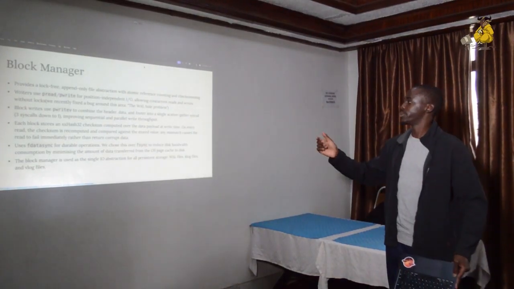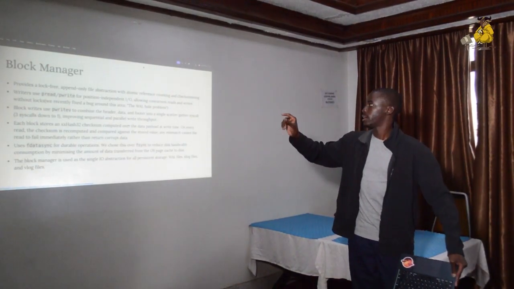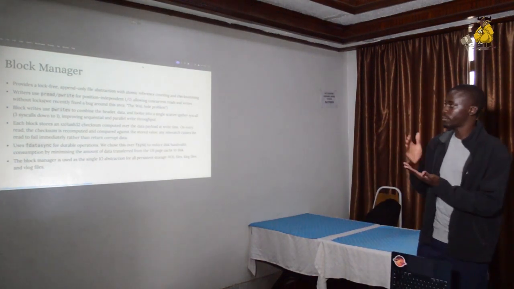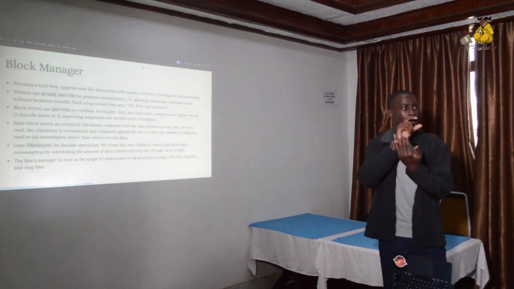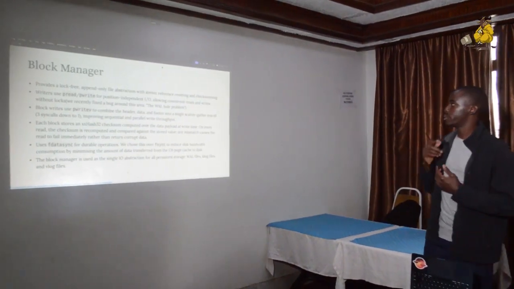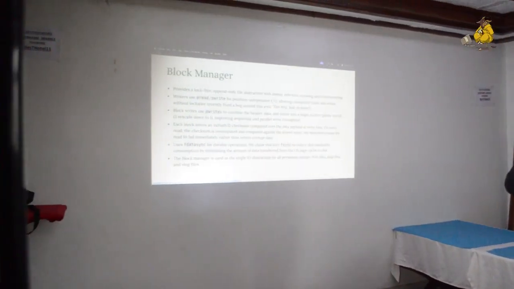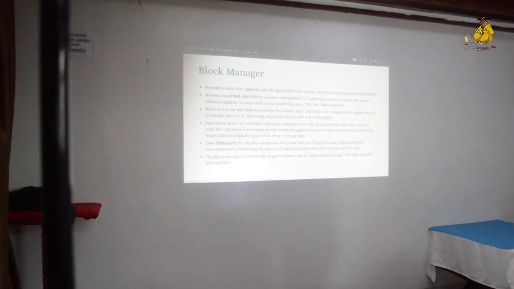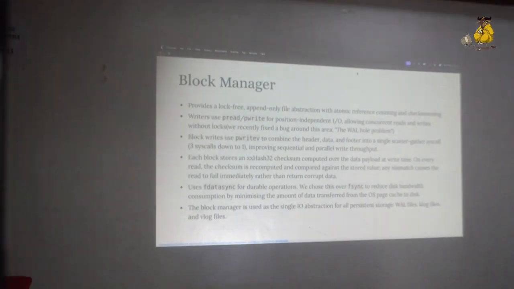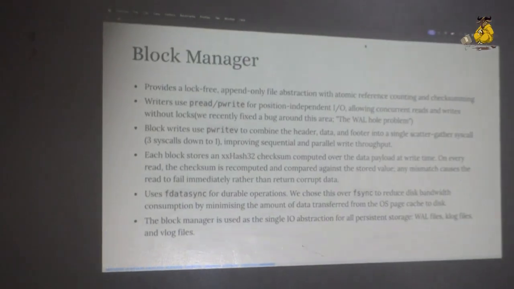Then block writes use another system call called pwritev. The structure of a block is a header, a body, and a footer. Initially, we used to issue three different system calls: writing the header of the block, writing the actual content of the block, and writing the footer.